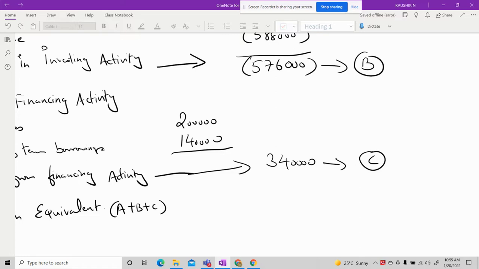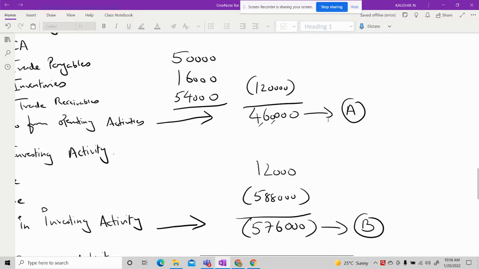Oh, I made one mistake. I'm extremely sorry. I forgot to take the amount of provision for tax, which is to be taken towards the last. Just hold on for a minute.